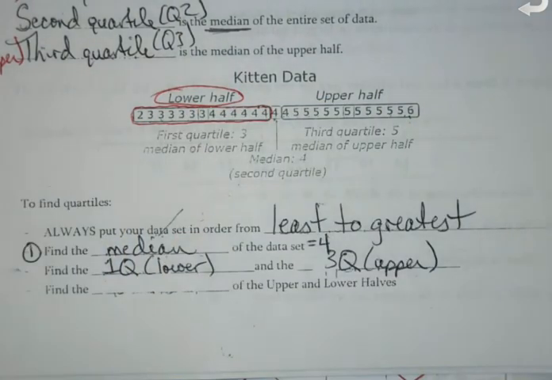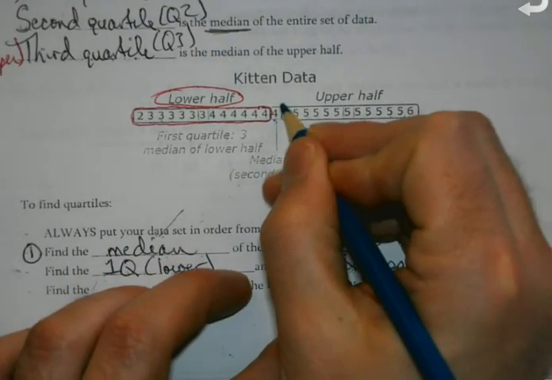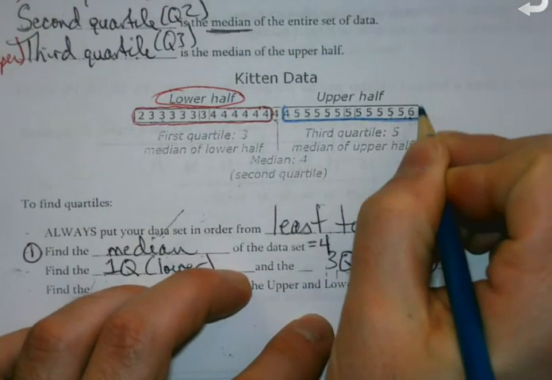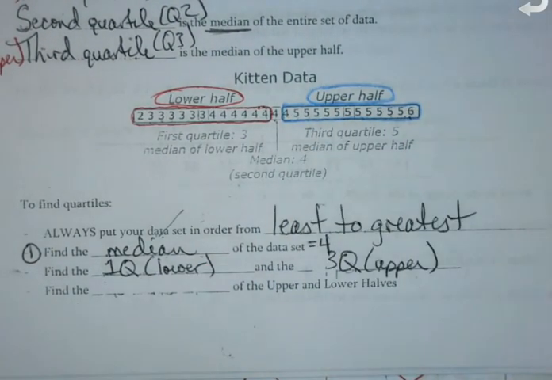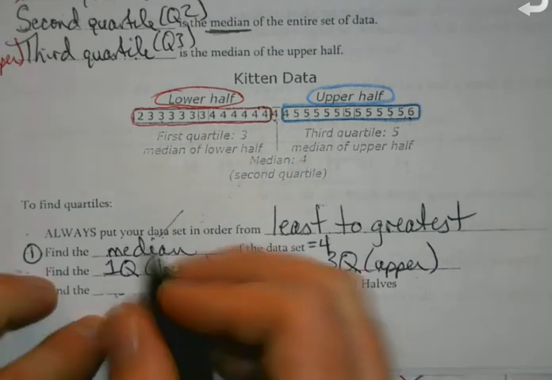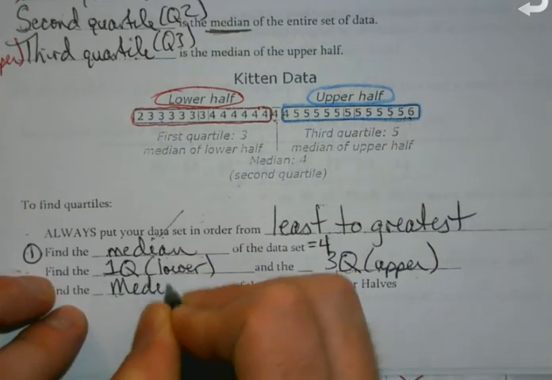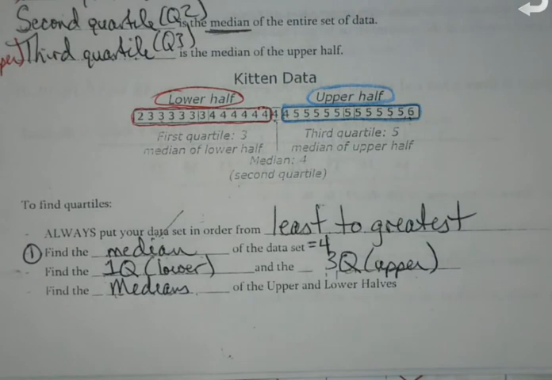Okay, that becomes my lower half. Or if I have all of my values that come after the median, okay, those are my upper half. And once I have those, I can actually find my quartiles. Okay, so we're going to find the medians of those, and that will actually give me my first and my third quartile.